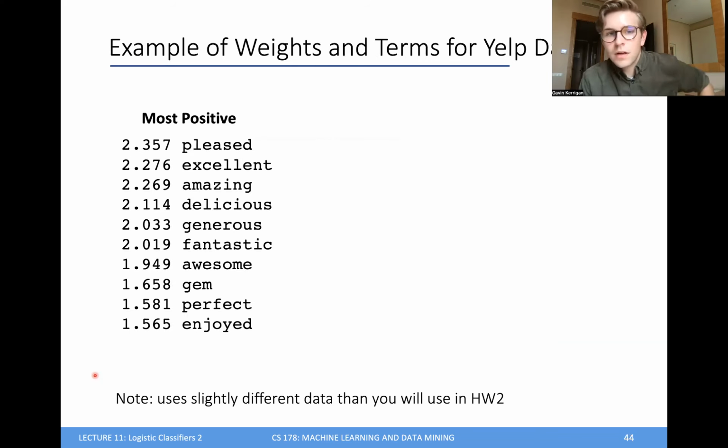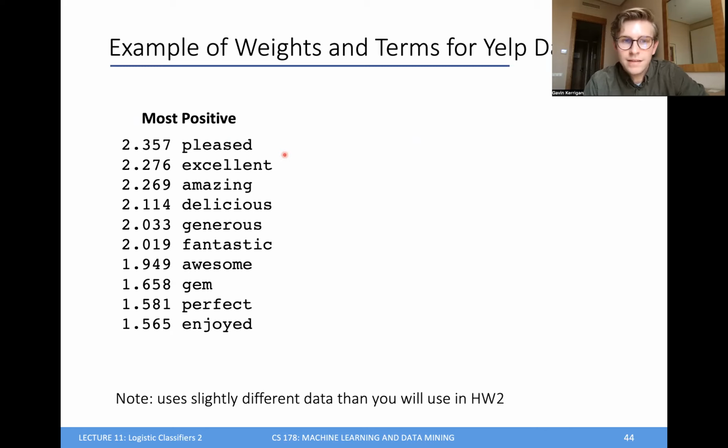So let's look at an example of what some of these weights look like on the Yelp dataset. I fit a logistic model to this Yelp dataset. It's using slightly different data than the data you'll use in homework 2, so you should expect to get slightly different answers when you do this problem yourself. But if I look at the largest weights in my model, the largest positive weights, I see that they're associated with words, i.e. features, that we should think of as having positive sentiment.